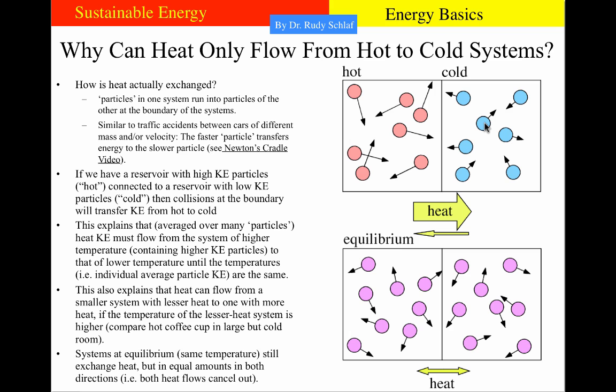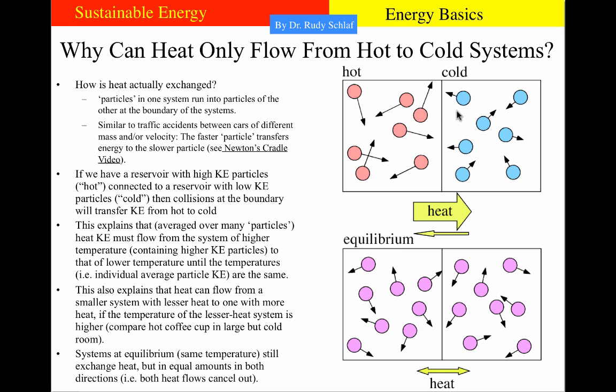In a cold one, everything is pretty placid and there is little vibration, or the gas molecules move much more slowly. And so how is energy now exchanged between these two bodies? Well, it can only happen here at the interface. The particles on the hot side will bang into the particles on the cold side, and they will transfer some of their kinetic energy to the particles on the cold side.